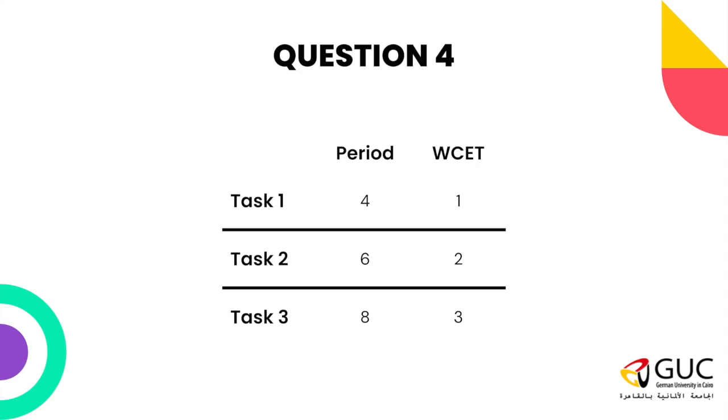I will only know that at clock tick 0, the task with the nearest deadline will be task 1, because the deadline equals the period, which is 4, compared to 6 and 8. So at clock tick 0, task 1 will have the highest priority. However, this does not mean that in the upcoming clock ticks, task 1 will also have the highest priority, and we will see why.